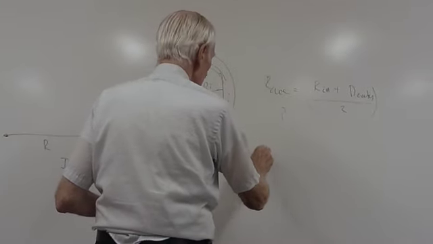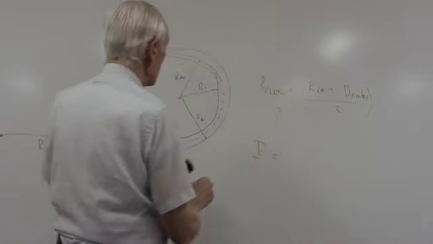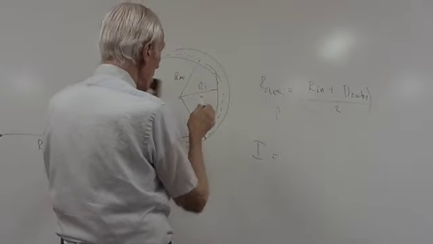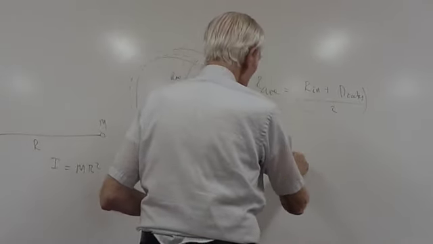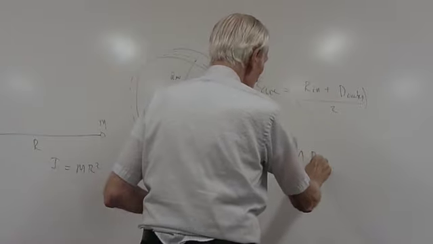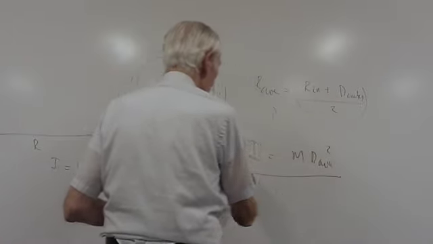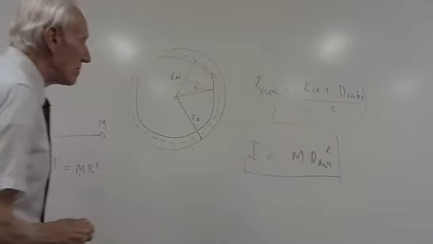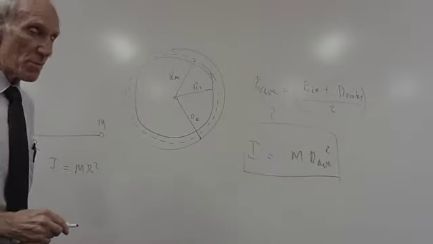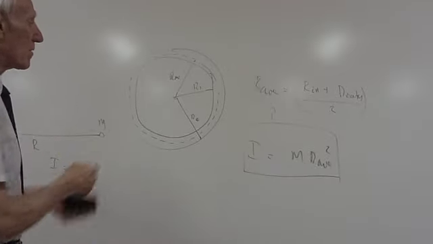So the moment of inertia of a thick ring, a thin ring, which we're modeling with the thicker ring, is simply the mass of the ring times r average squared. That's the moment of inertia you use for the thick ring.